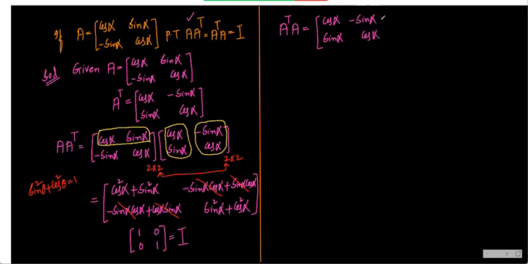This is the A transpose value, into, we have to multiply with A. Our A value is cos alpha, sin alpha, and once again here we have minus sin alpha, cos alpha.